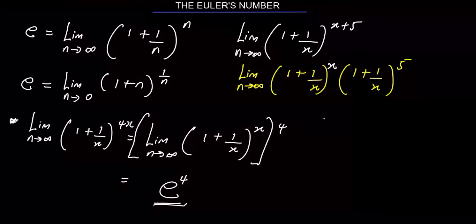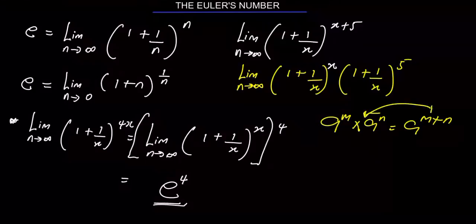Remember that if I'm having a raised to power m times a raised to power n, it is a raised to power m plus n. So this one can be reversed from here to here and from here to here. Now check it out. I'm having addition here, so I can write it as multiplication. So this is very possible. Since they're having the same base, we can pick one and add the powers together.